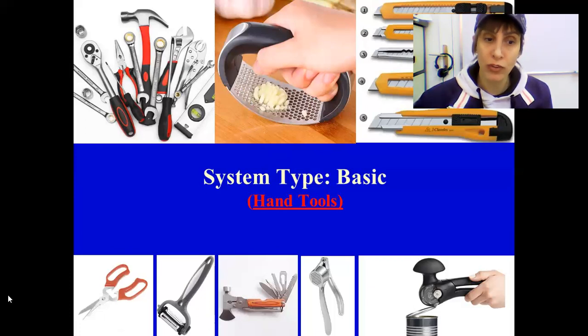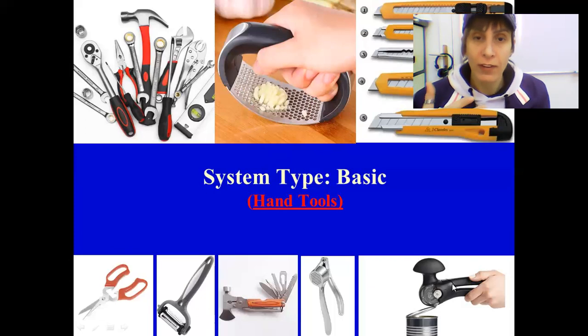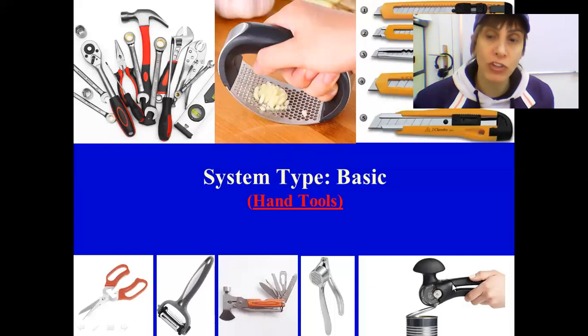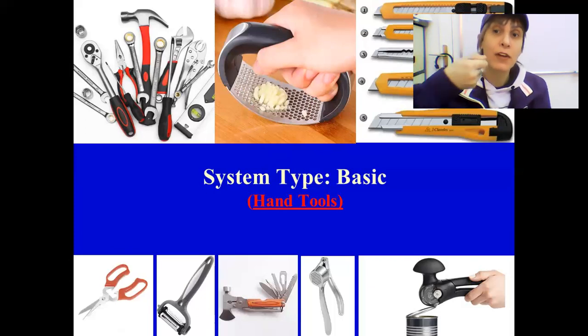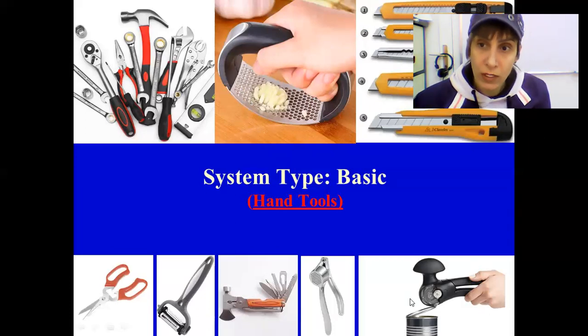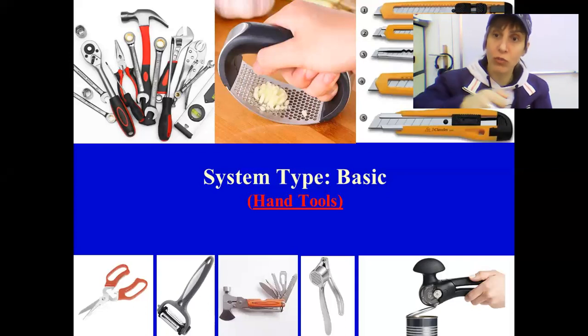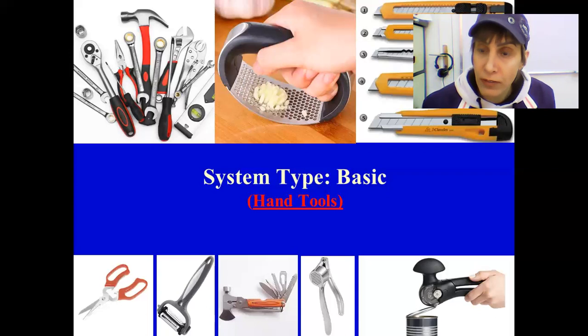So each of these tools has a different shape because they are designed for different functions, and the human performs different tasks with each of these tools. Sometimes you rotate, sometimes you do this movement, so each tool is different.